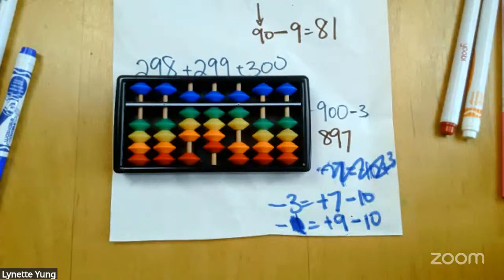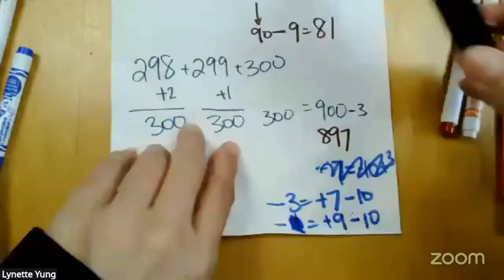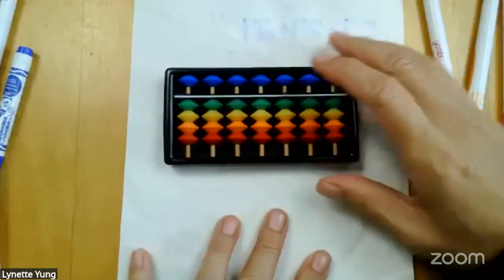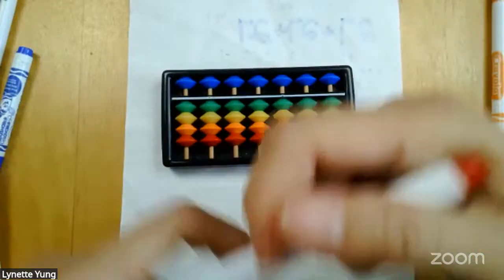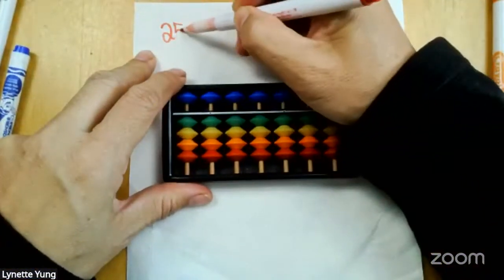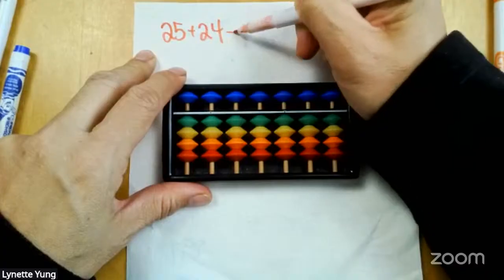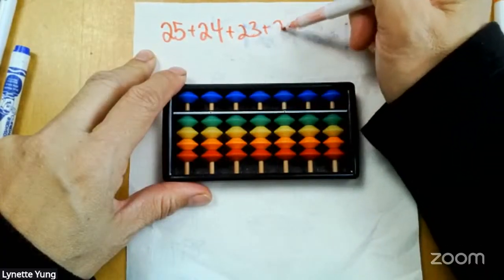Even if we did the other one, let's see. I gotta get more paper. So the other one, this one was kind of nice. It's interesting. So 25 plus 24 plus 23 plus 22.